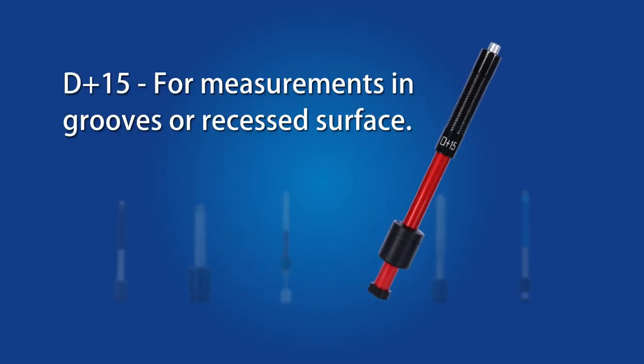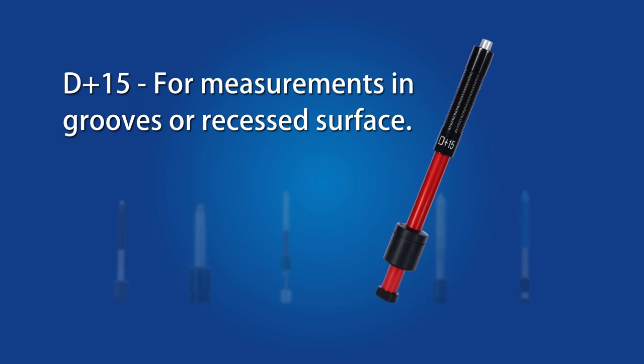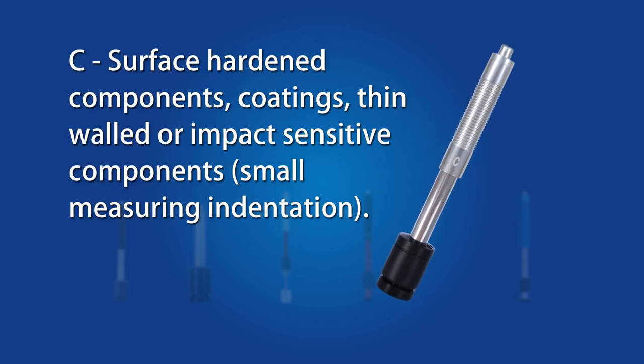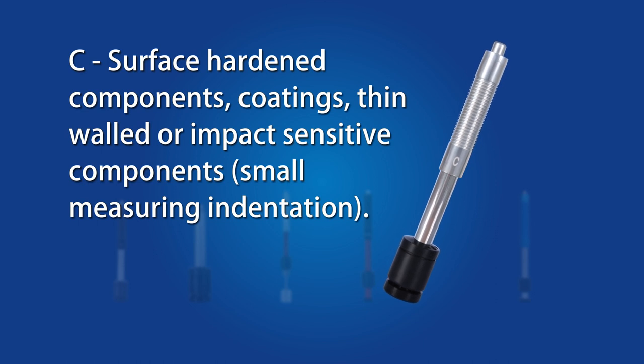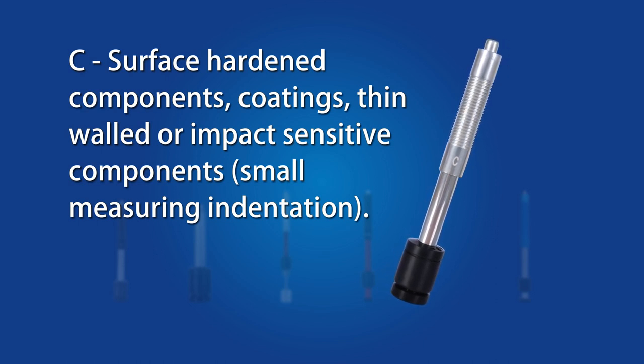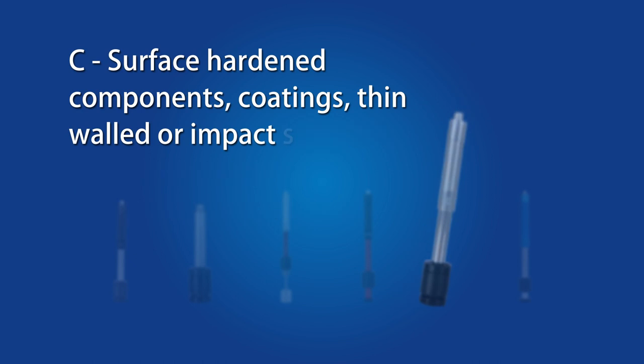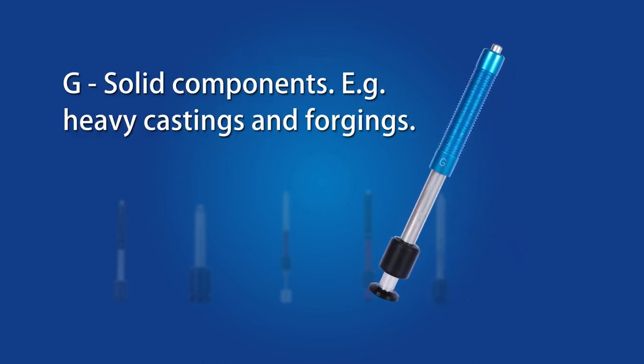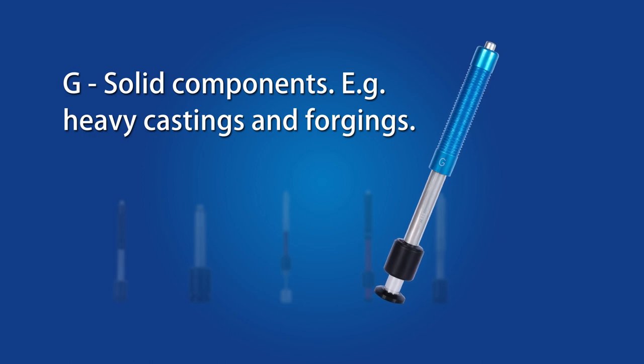D+15, for measurements in grooves or recessed surfaces. C, for surface hardened components, coatings, thin-walled or impact-sensitive components, small measuring indentation. G, for solid components, for example, heavy castings and forgings.